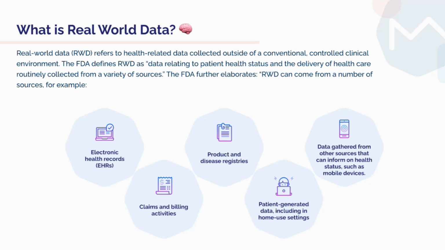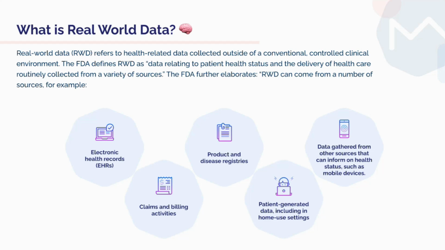If you think about conventional randomized clinical trials, we're looking at data that is aggregated in a real-world context, so outside of the clinic. To quote an FDA definition here: data related to patient health status and the delivery of healthcare routinely collected from a variety of sources. And we've listed some of these sources below.